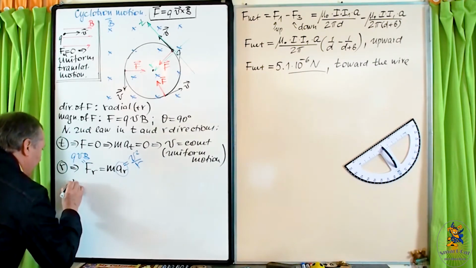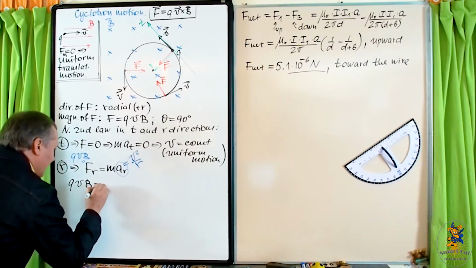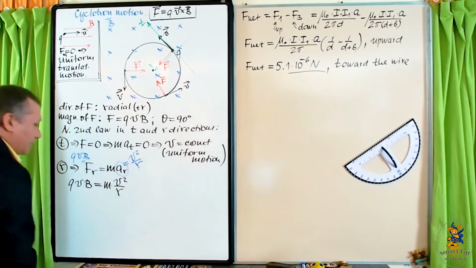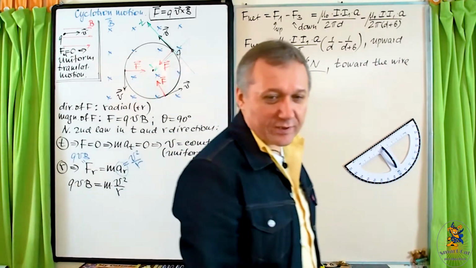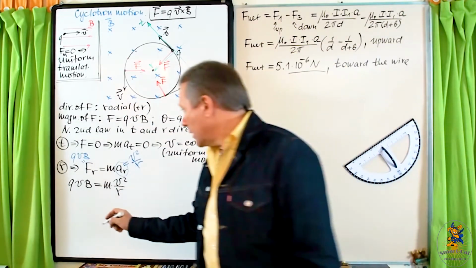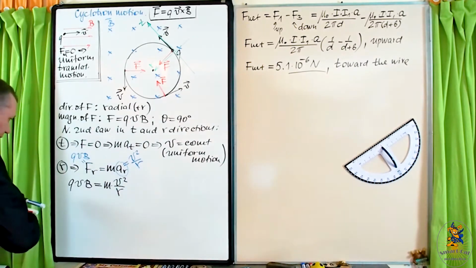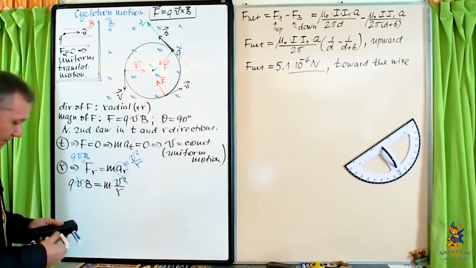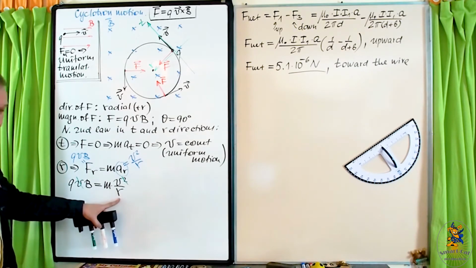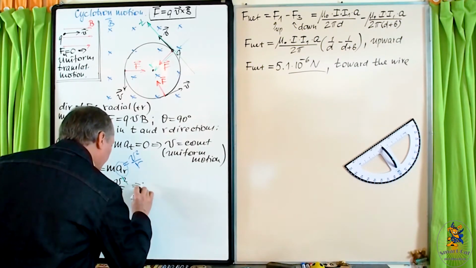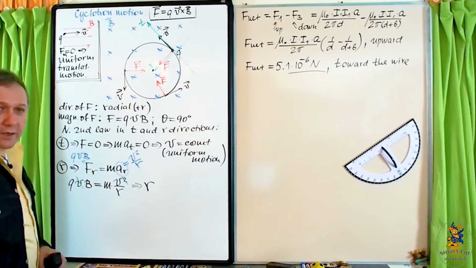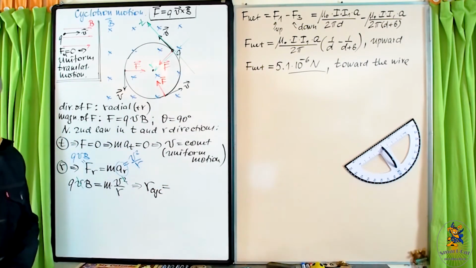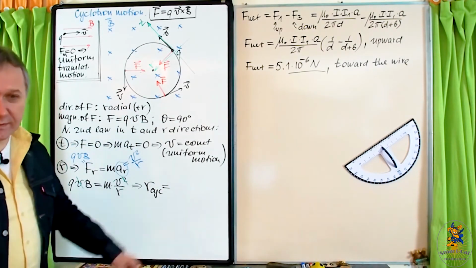So now let's write that down. QV times B equals mv squared over r. Just application of Newton's second law, nothing else. Again, one velocity can be cancelled, this V and this V. And as a result, we can solve it for r. And since it will be the radius of our cyclotron motion, let's add the subscript CYC, cyclotron.